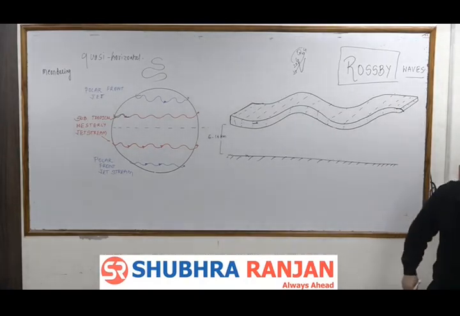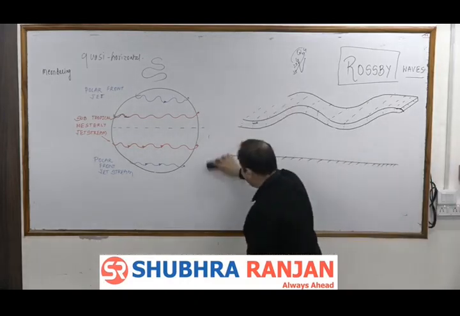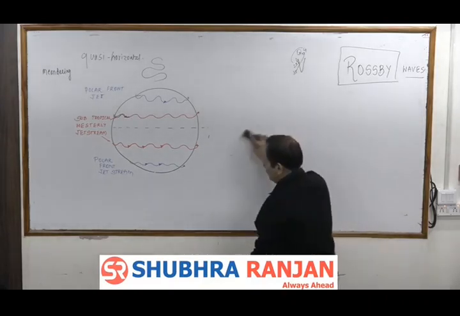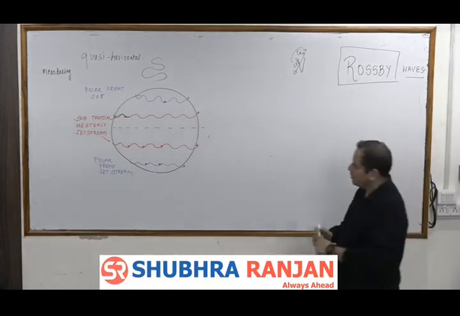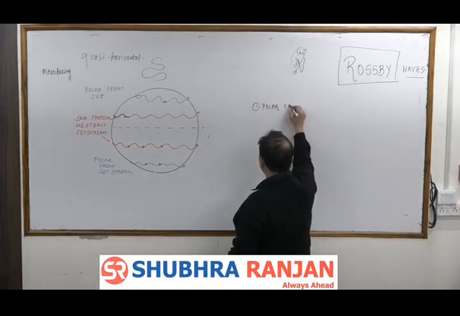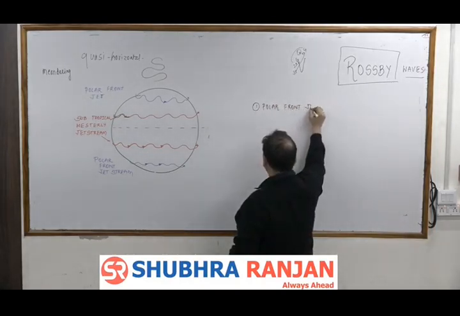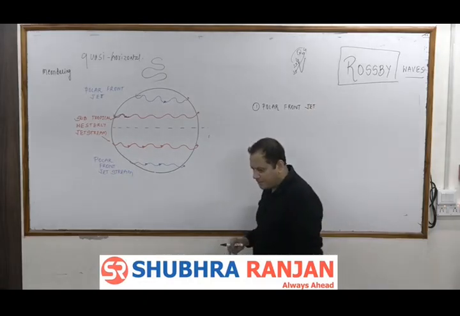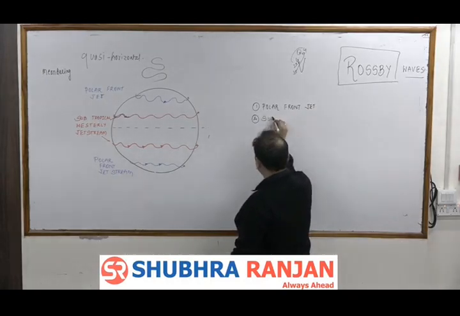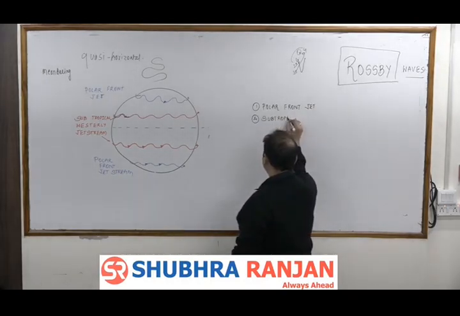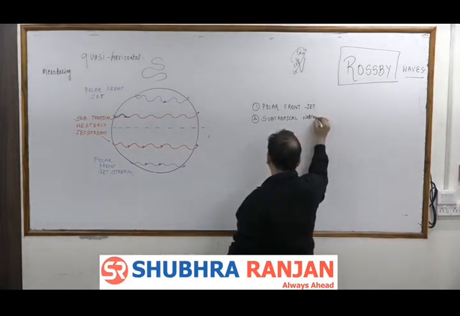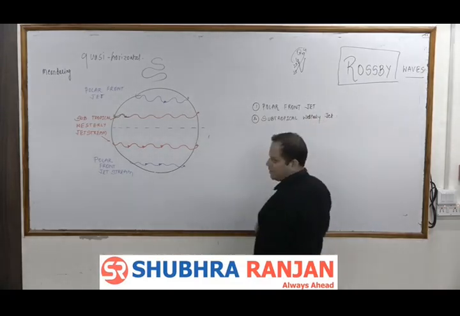And last, the four major jet streams are: 1, polar front jet. Second, subtropical westerly jet.